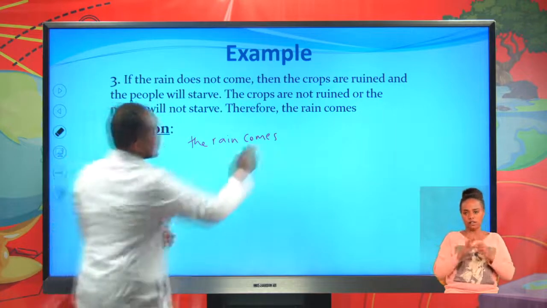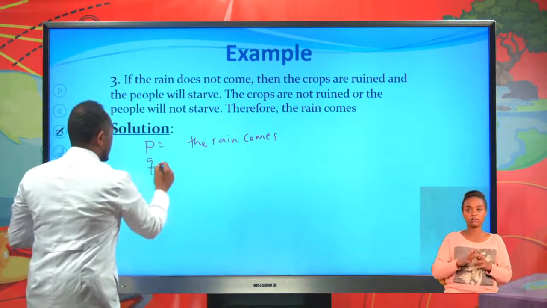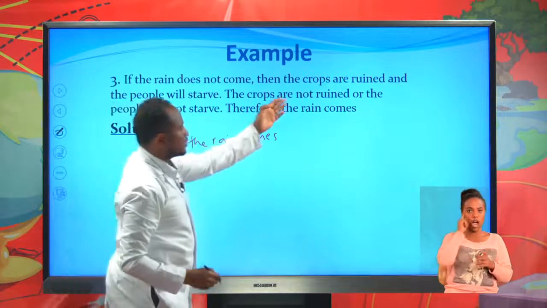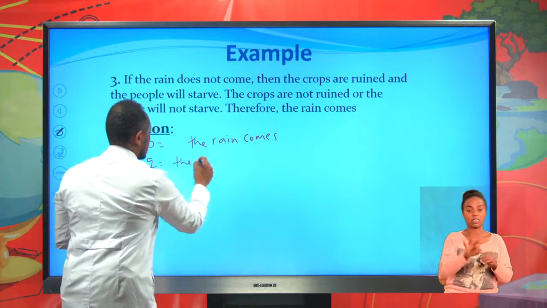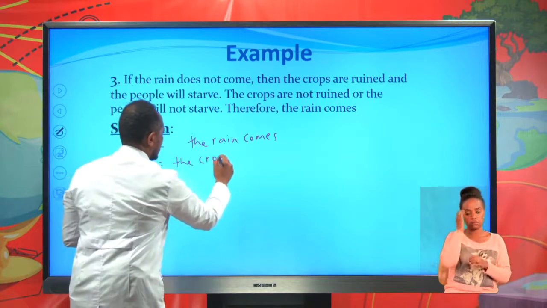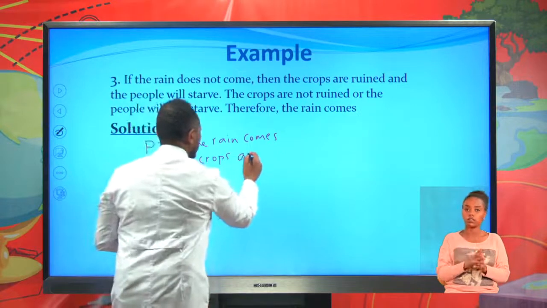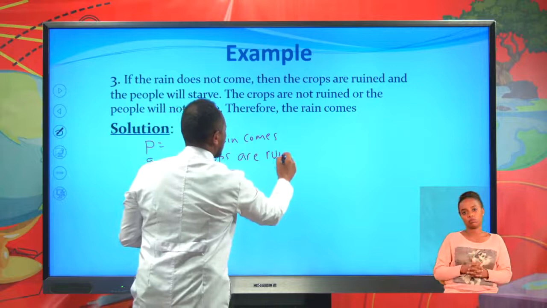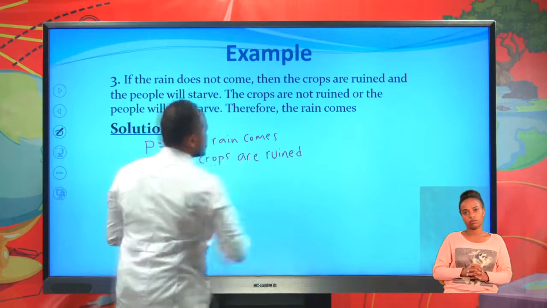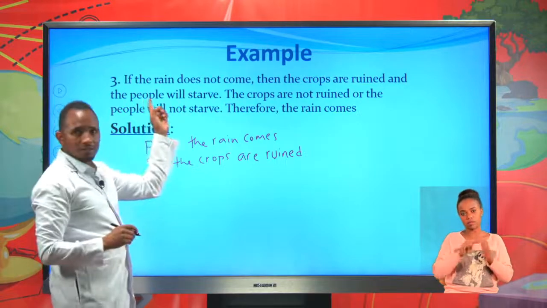Okay, the crops are ruined. Another statement. Let's assume Q to be the crops are ruined. What else? We have also another third statement here.